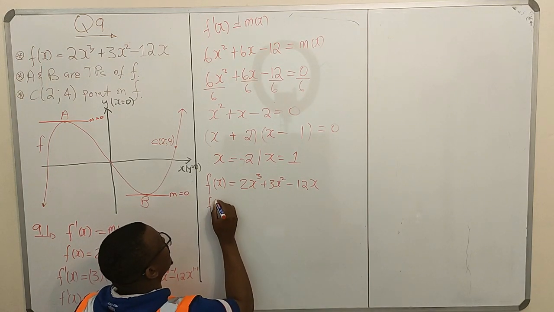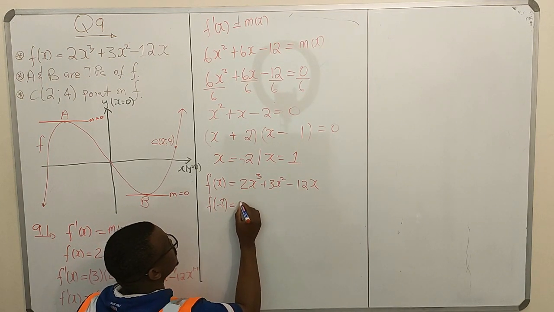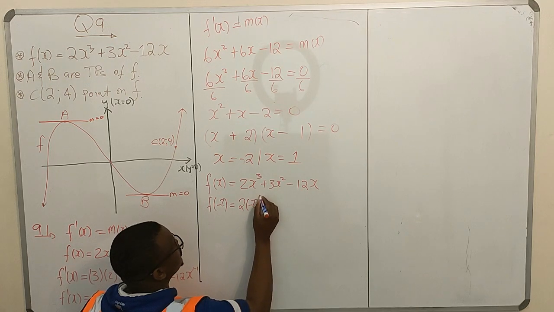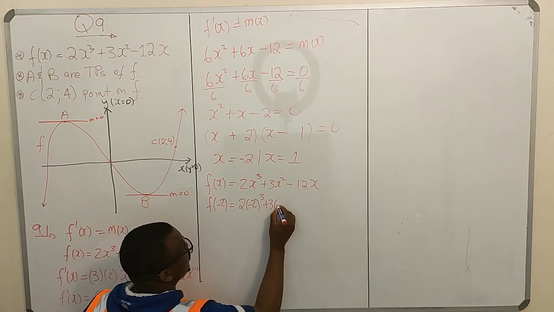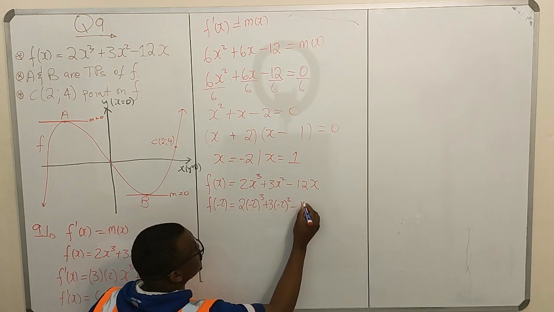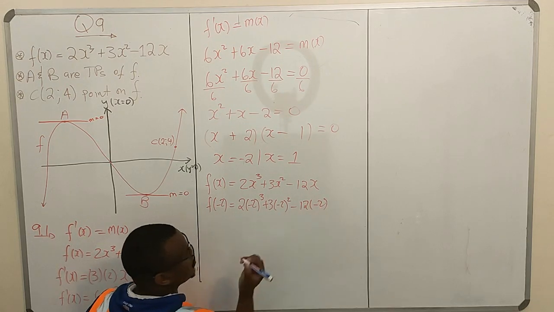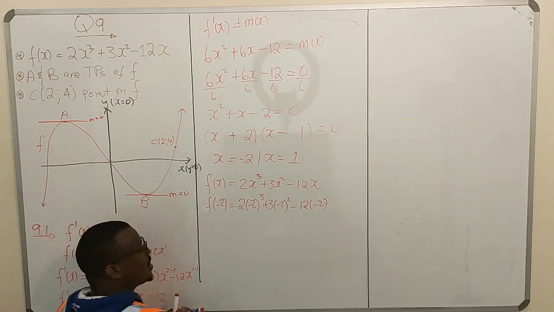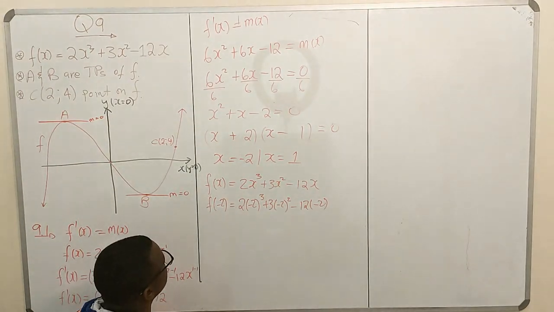So f at minus 2 is equal to 2 into minus 2 cubed plus 3 into minus 2 squared minus 12 into minus 2, right? And then you can punch that in your calculator and see how that goes.